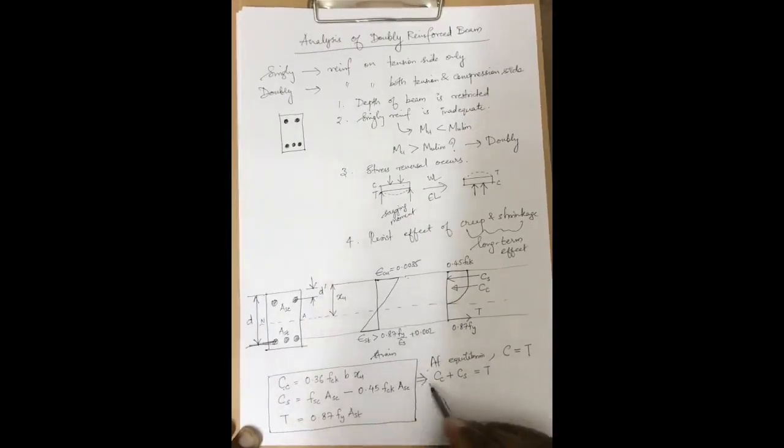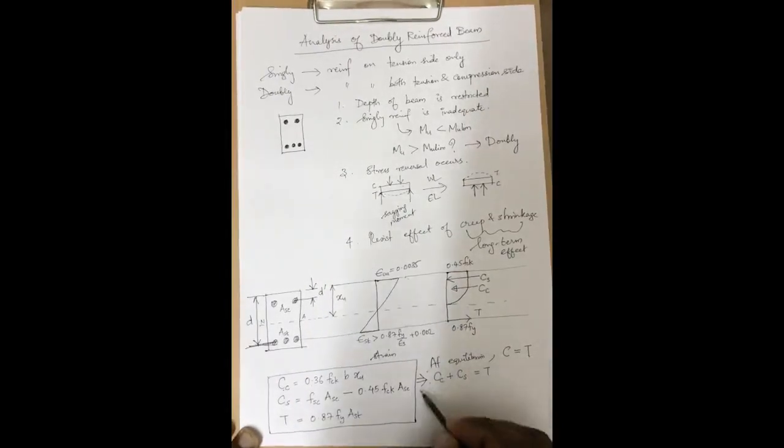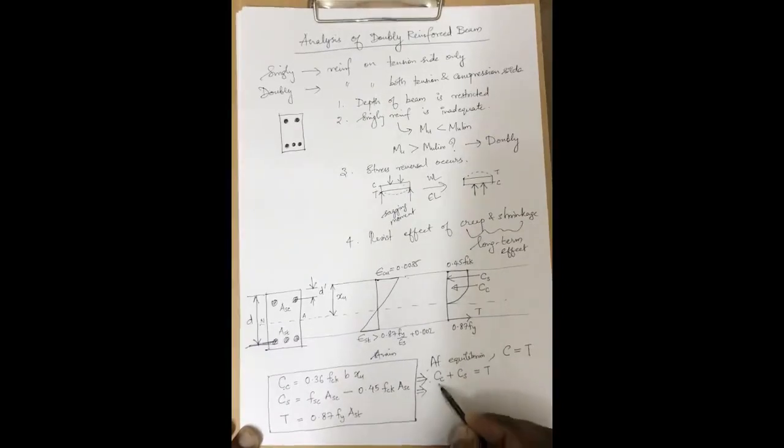And we will substitute here: in place of CC, substitute 0.36 FCK BXU, plus in place of CS we substitute FSC ASC minus 0.45 FCK ASC, is equal to, in place of T, 0.87 Fy AST.